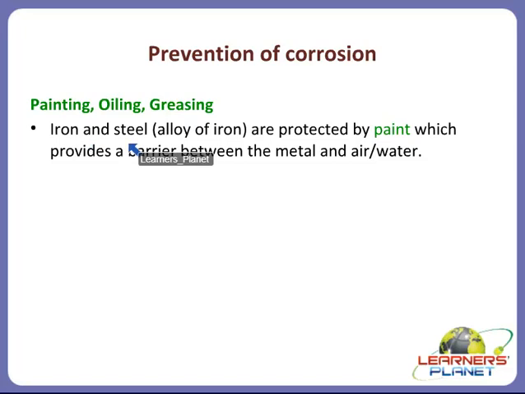Iron or steel. Steel is what, children? Alloy of iron. It is protected by paint. Now what does this paint do? What is the function of paint here? The function of paint is that it provides a barrier between the metal and air or water. So what it is doing, children, it is providing a barrier between the metal and air and water.